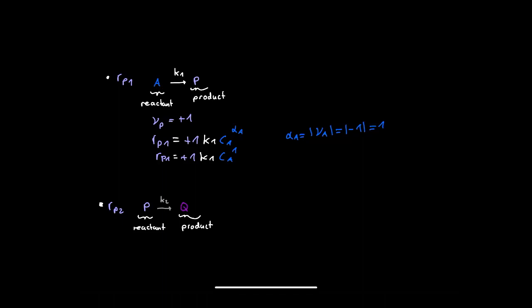So in this case, the species P is a reactant. So the stoichiometric coefficient of P for this reaction part is going to be equal to -1.